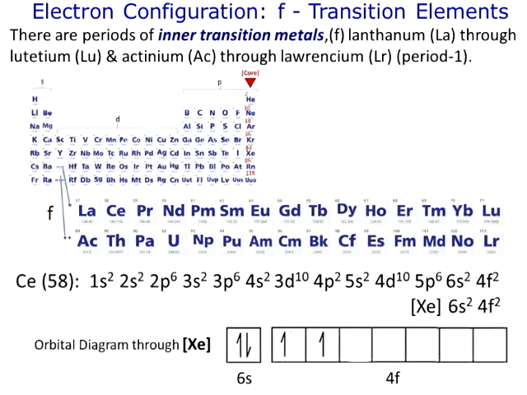If we write the shorthand notation, we note that its core is at xenon. And after its core at xenon, we have 6s2, 4f2. We could write out the entire electron orbital diagram here, for sake of space and the ability to look at it on the PowerPoint.